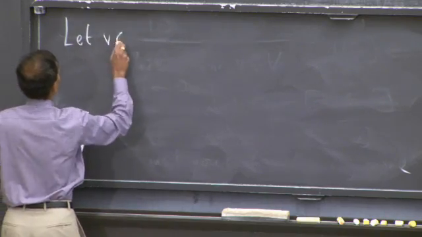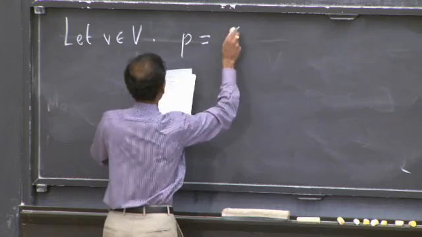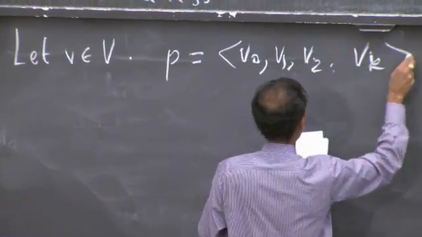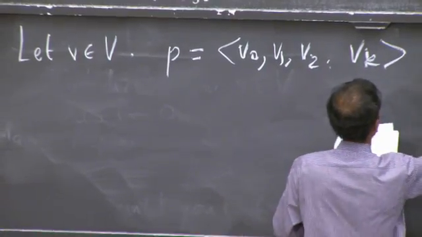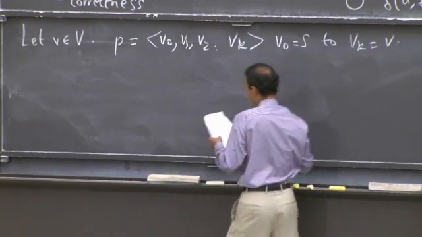So let V be any vertex, and let's say that we're looking at a path V0, V1, V2 to Vk, and like I said, from V0 equals S to Vk equals V.